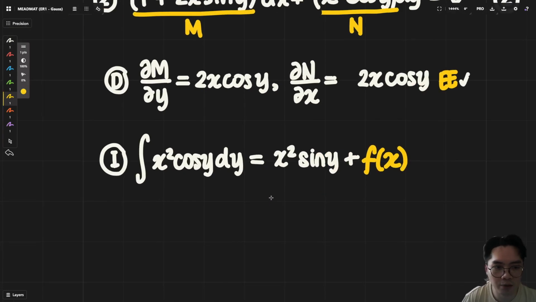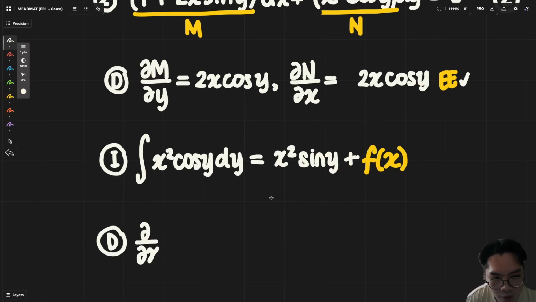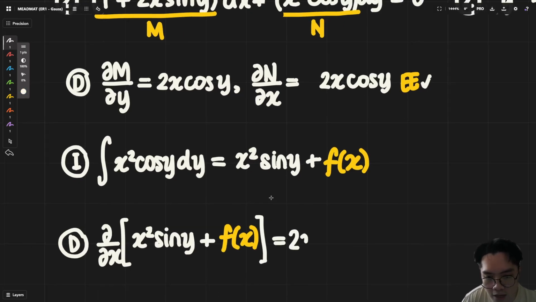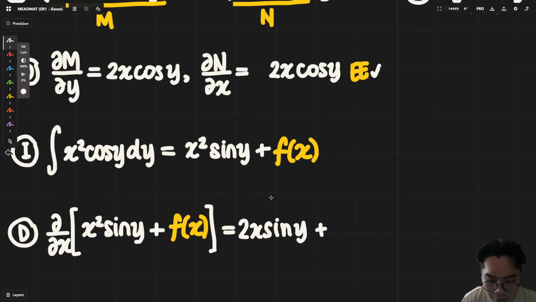Okay, and now we go again and we derive this with respect to x. Derive x squared times sine y plus that function of x that we might have missed, and you will get 2 times x sine y plus your f prime of x.